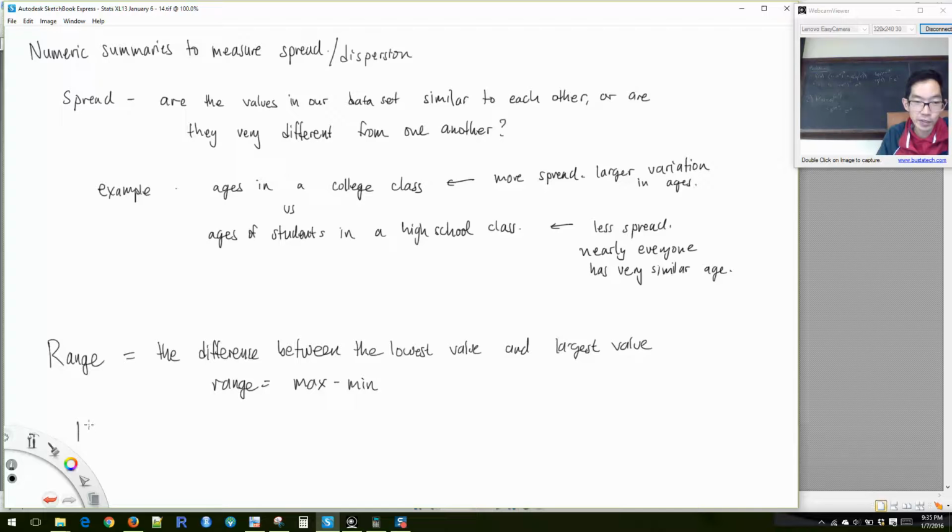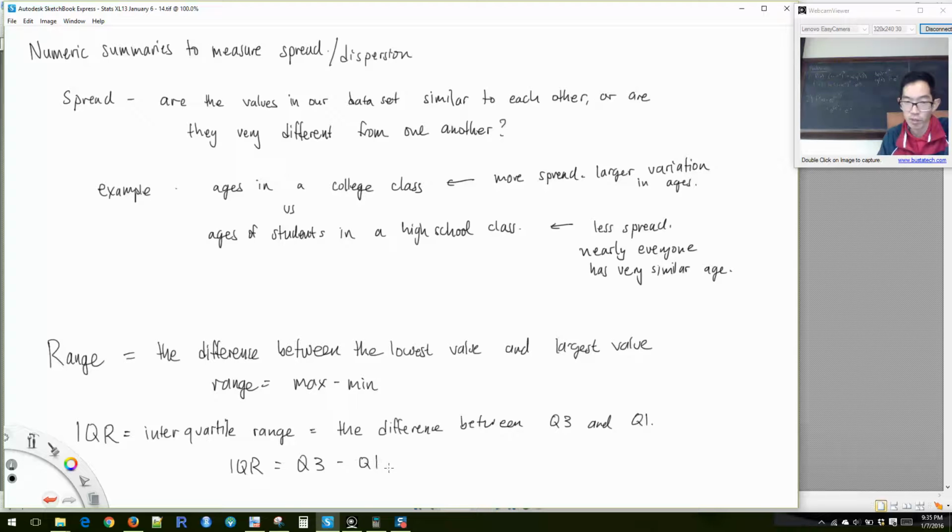And then we also have the IQR, or the interquartile range. And this is the difference between Q3 and Q1. So this tells you how far apart the 25th and 75th percentile are. And these give you a good idea of the amount of spread in your numbers.